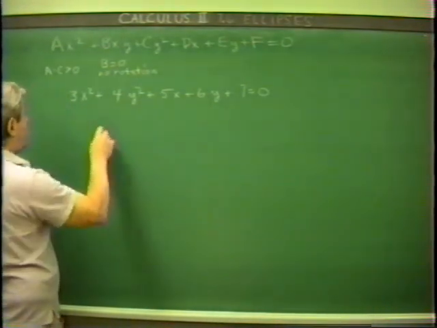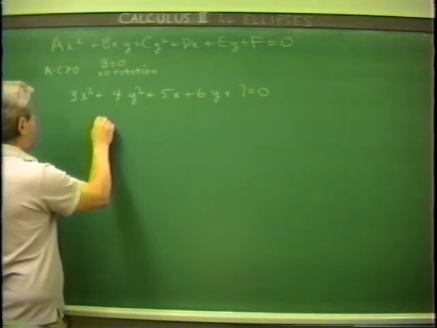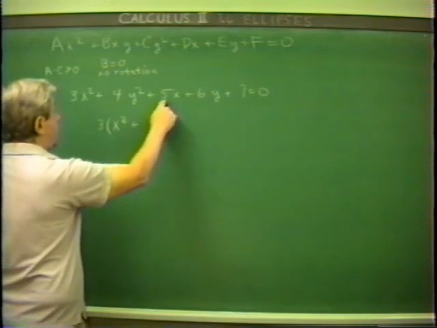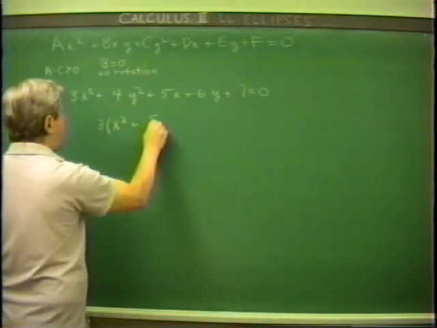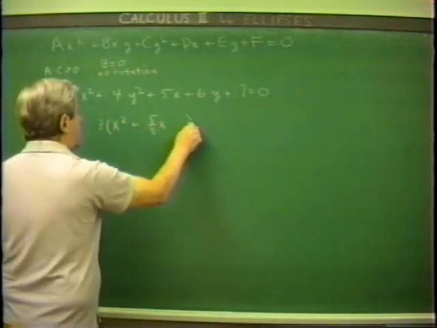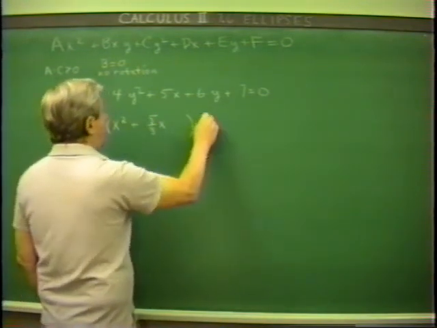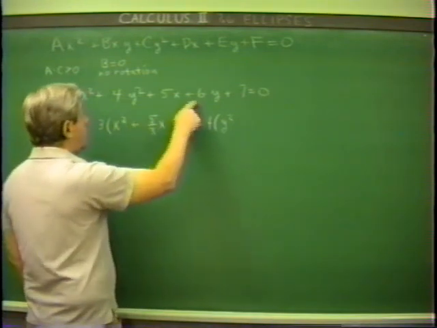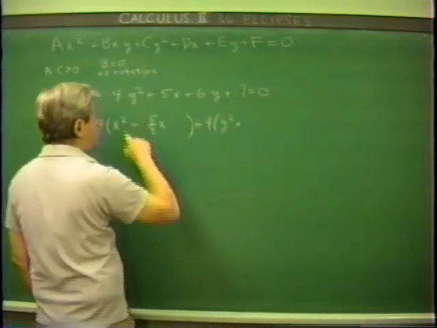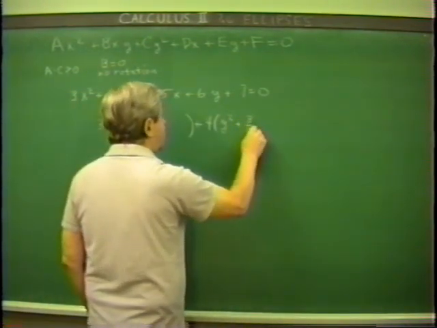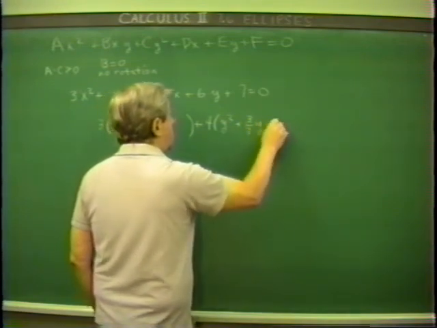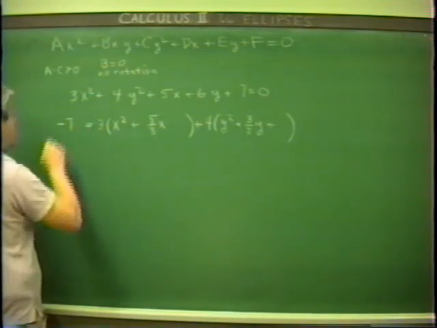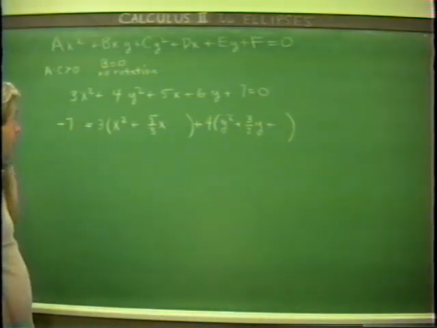To graph this, first of all collect the x terms together and the y terms together and complete the square. So we've got 3 times x squared plus 5/3 x, plus 4 times y squared plus 6/4 y, or 3/2 y, equals minus 7.